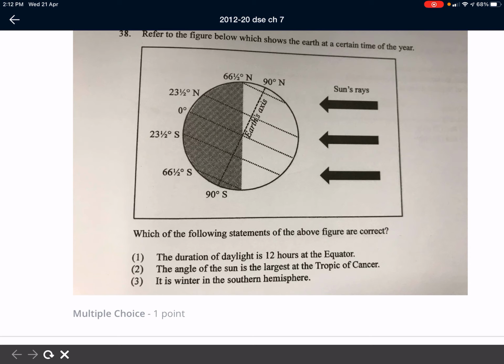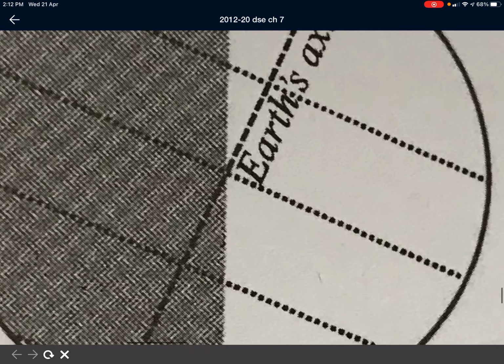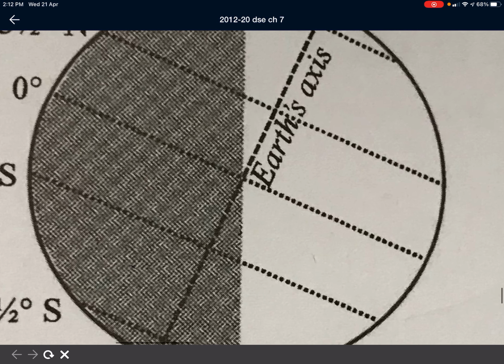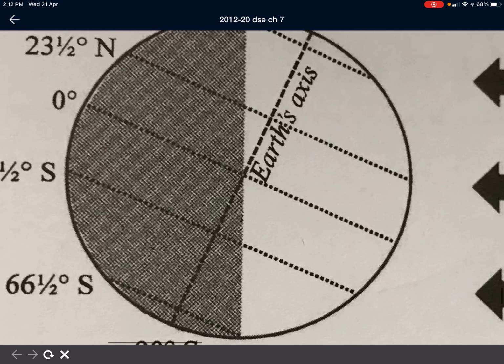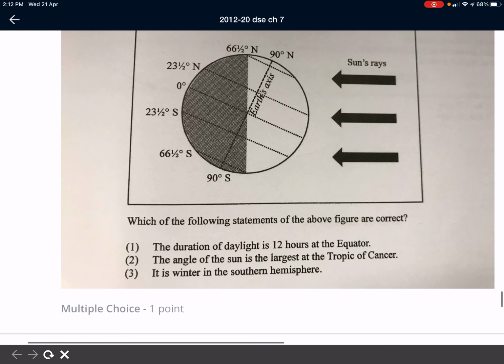No. So accordingly, this is right, because for 0 degrees we have to refer to here, in the middle. So number 1 is correct.